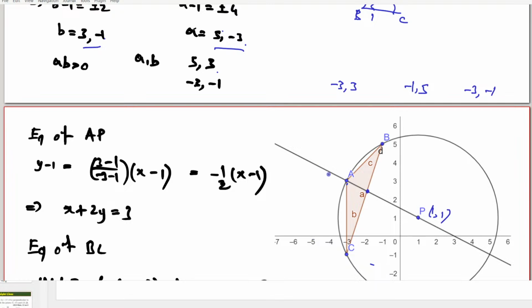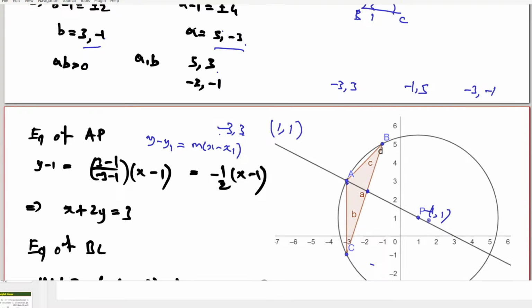Okay, equation of AP. We know A is minus 3 comma 3, and P is 1 comma 1. So y minus 1 is equal to, what is the slope? Slope is again 3 minus 1 by minus 3 minus 1 into x minus x1. We are just using y minus y1 equals m into x minus x1 because we know both the points.